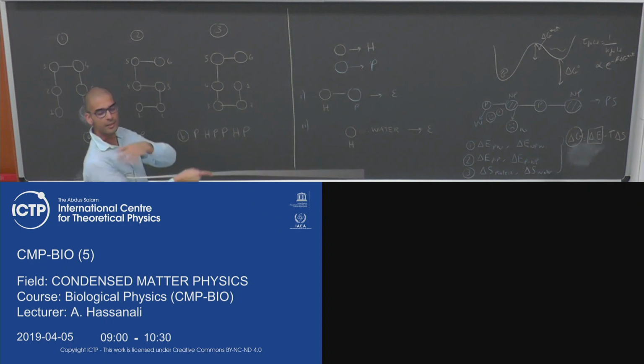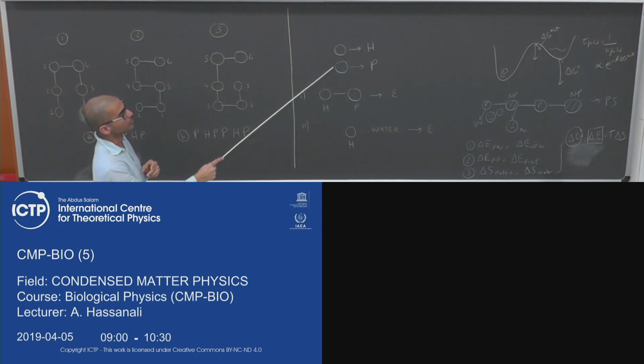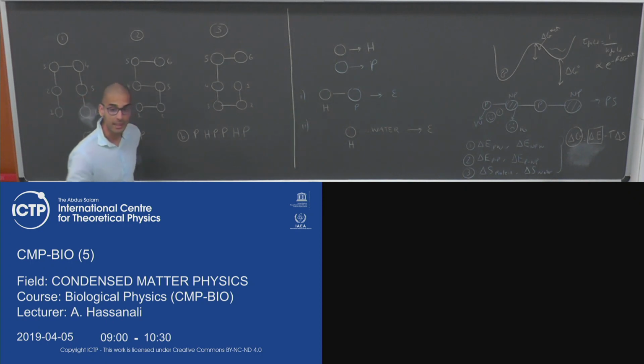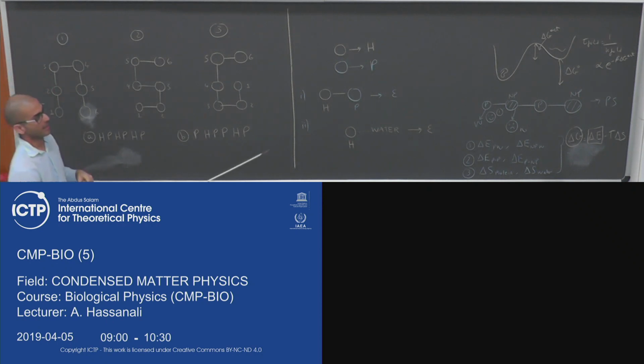So for simplicity, use whatever color you want, but I'm going to use yellow for H, and blue for P. And whenever there's an HP interaction that is not covalently linked, so this is a covalent link, that's fixed. But if this was an H and this is a P, I'd pay a penalty, epsilon. And if the H is at the boundary, if the H is here, it will also interact with the liquid.